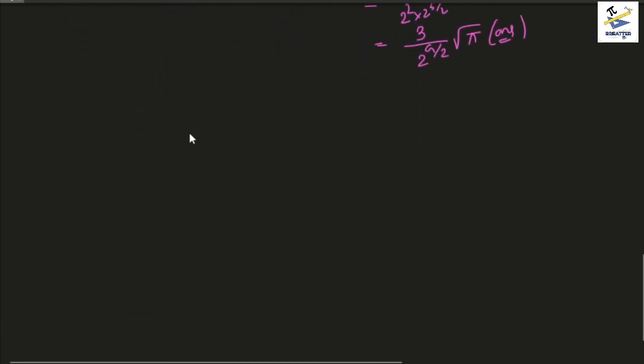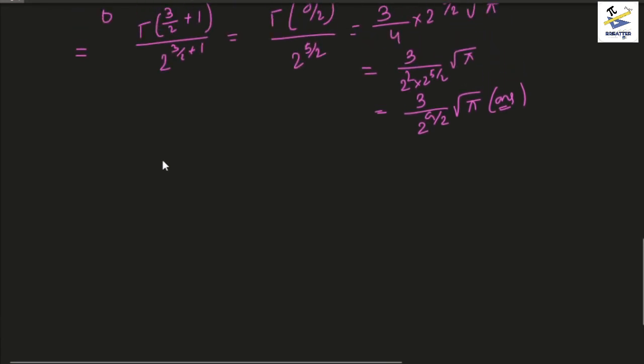And finally, I would just give you a whisker of an idea of how to evaluate or prove the Euler reflection formula.